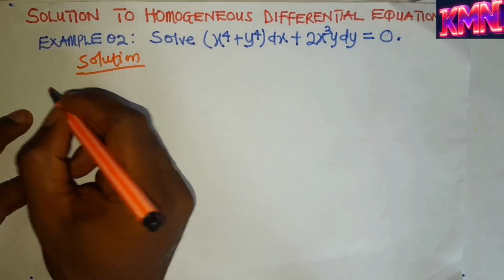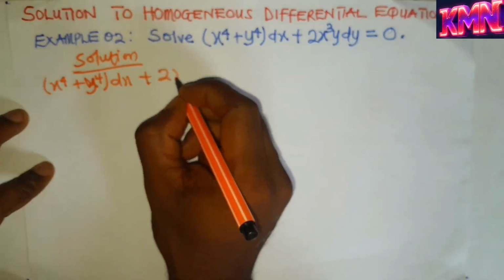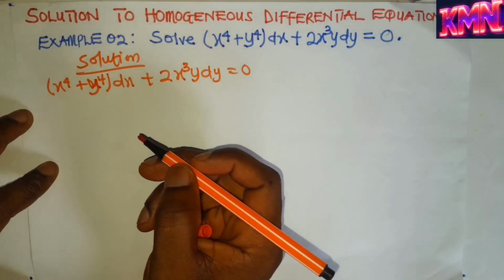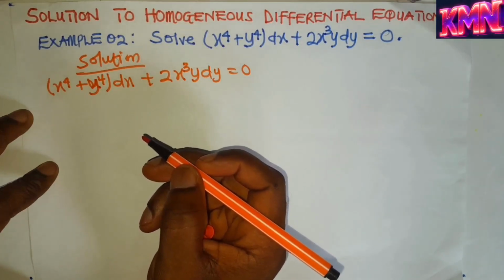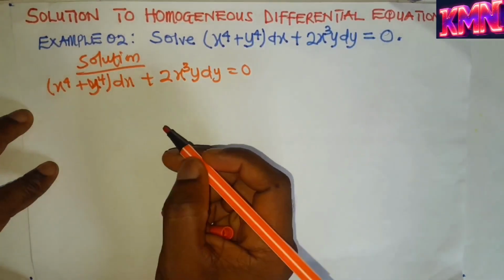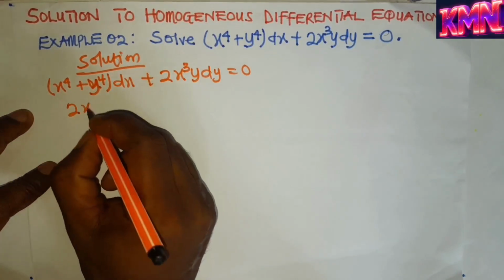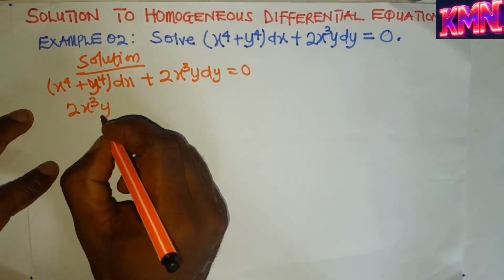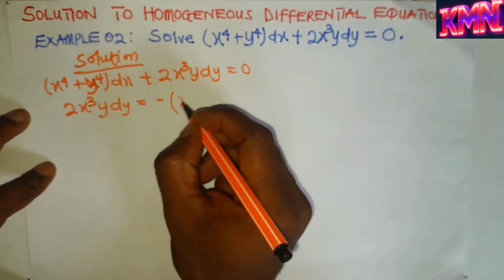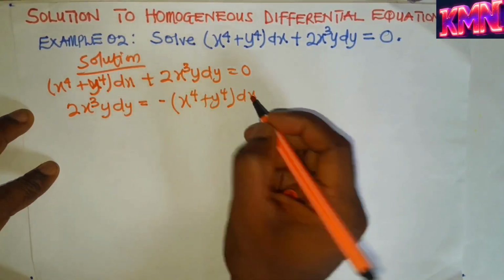We were given the equation. First of all, let's make dy/dx the subject. In that case, we are going to have 2x^3 y dy = -(x^4 + y^4) dx.